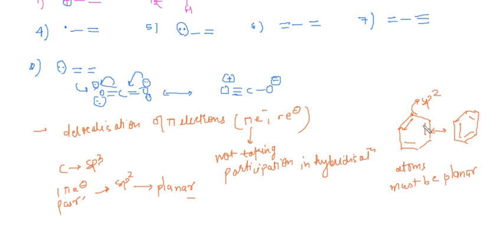Now whenever we use the term delocalization of electrons, we are talking about resonance. It could be an electron pair, a lone pair, or a bond pair.